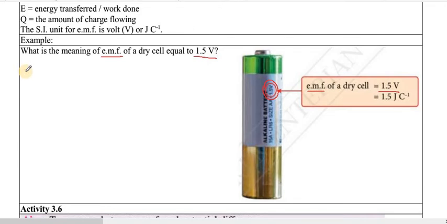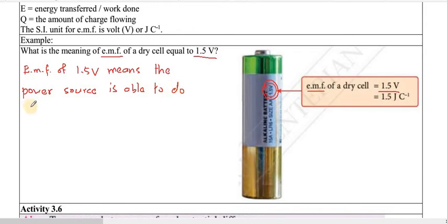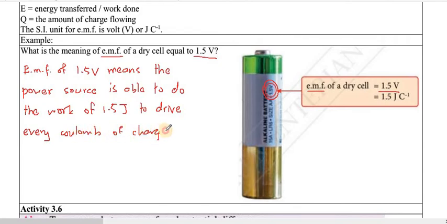If the question asks what is the meaning of EMF 1.5 volt, then your answer is: EMF of 1.5 volt means the power source is able to do the work of 1.5 joule to drive every coulomb of charge around a complete circuit.